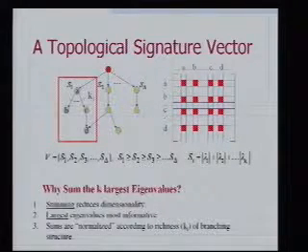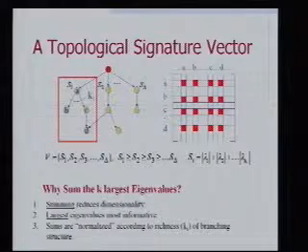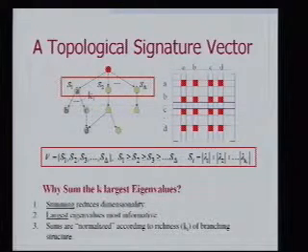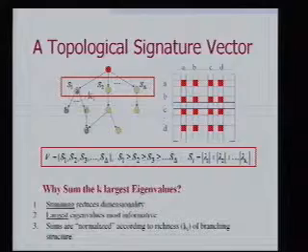So we compute this sum for each of these, and then we sort these sums, and the sorted sums become our vector assigned to this node.